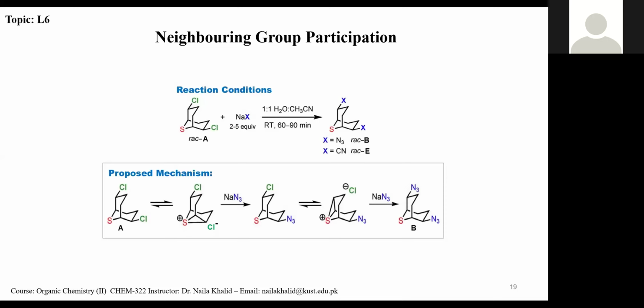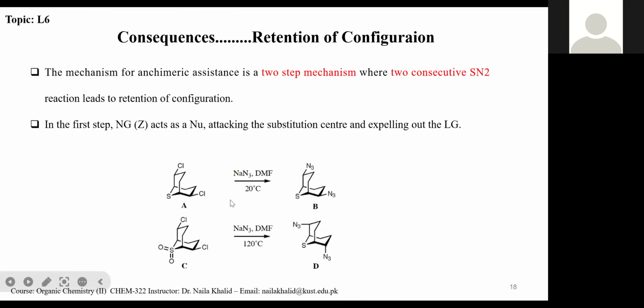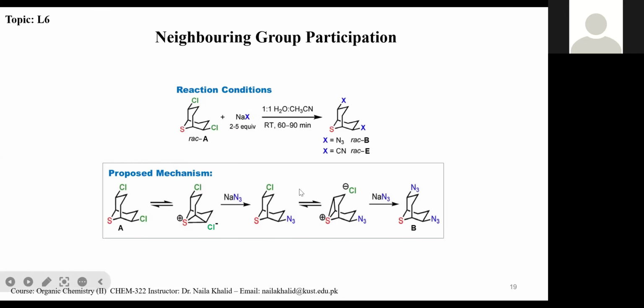You can see that in this type of substrate, where sulfur is acting as a neighboring group, it will attack over here. This lone pair is leaving this surface and you will get this type of cyclic intermediate. So in this case, you can write this type of mechanism like this.